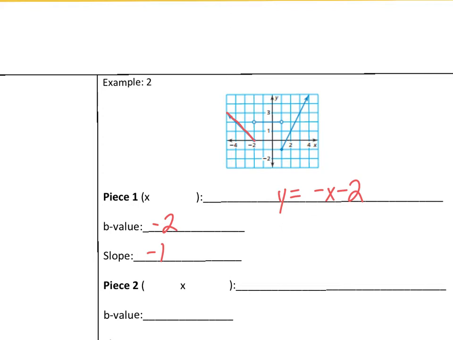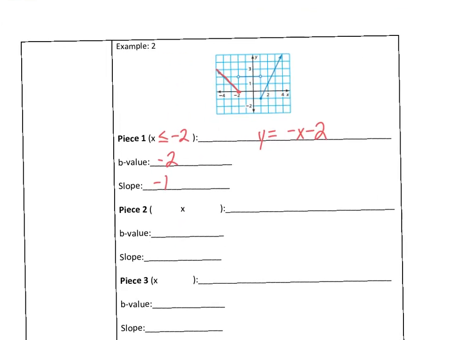X is, am I putting a less than or a greater than sign? A less than sign. Is it going to be equal to? Yeah, because it's a closed dot, and where at? On the x-axis. Negative 2. Good. X is less than or equal to negative 2.